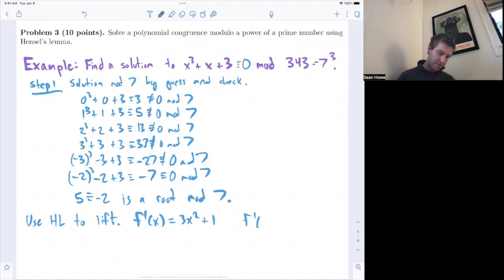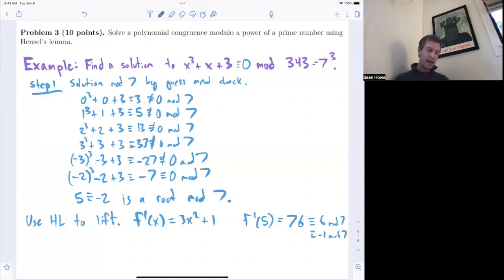So f prime of 5: 5 squared is 25, 3 times that is 75, plus 1, I get 76. 76 is congruent to 6 mod 7, which I can even write as minus 1 mod 7. That'll be useful in a second. So this is non-zero, so Hensel's lemma is going to apply. So let's look at that.